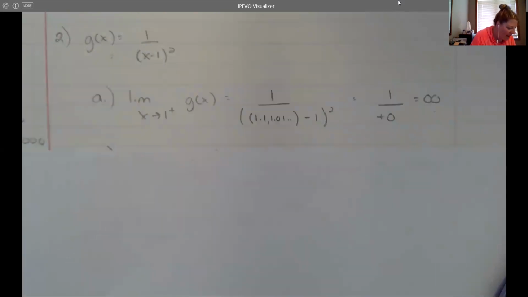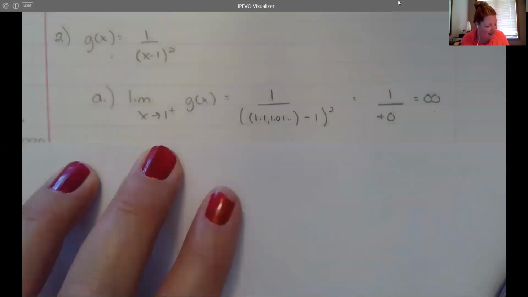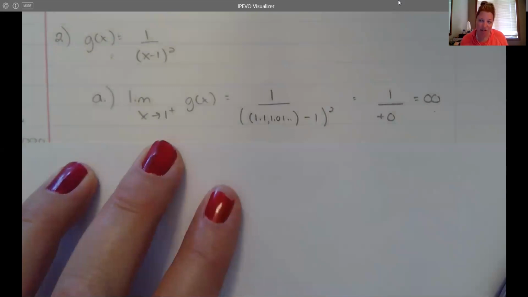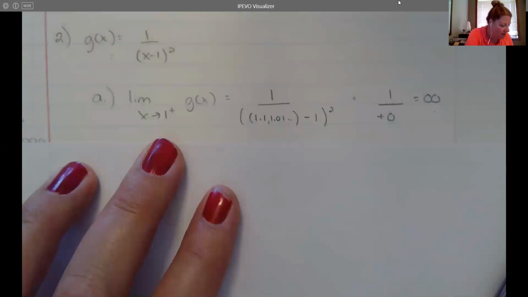Okay, so let's look at this next example. I have this function g, and the function is 1 over (x minus 1) squared. What if I'm asked, what's the limit as x approaches 1 from the positive side of this function?